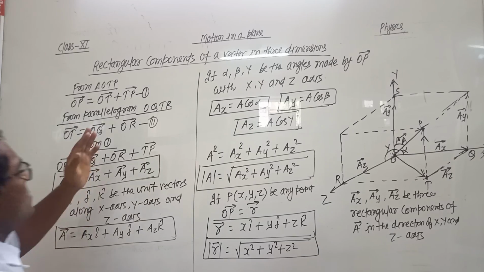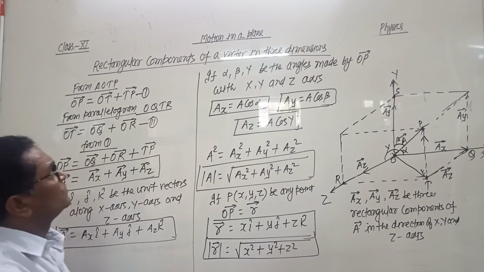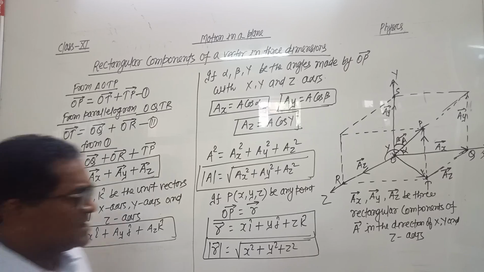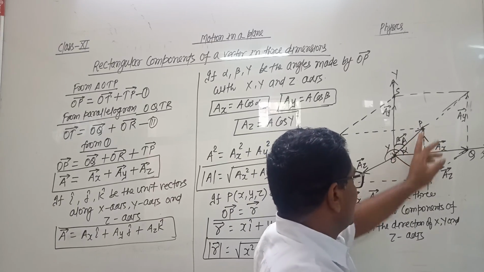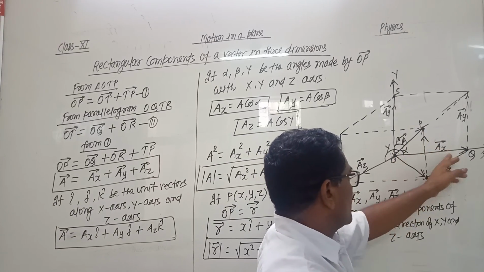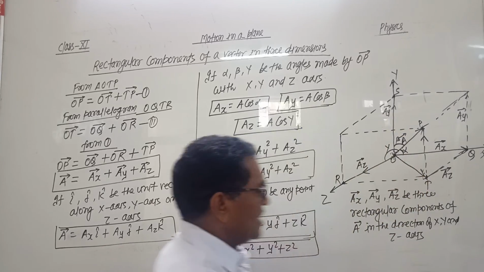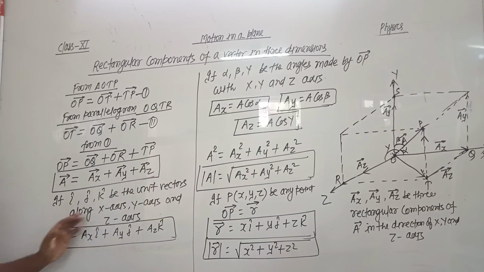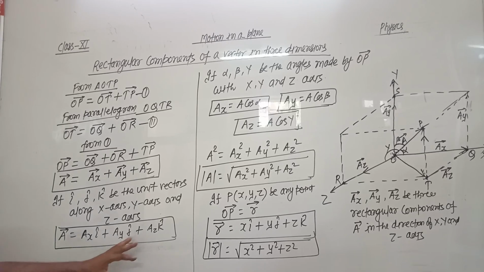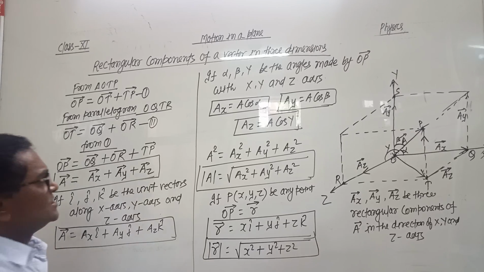So this is about the rectangular components of a vector in 3 dimensions. Vector A can be written in rectangular components AX, AY, AZ, and if i cap, j cap, k cap are the unit vectors along the X axis, Y axis and Z axis, then vector A is represented by AX i cap plus AY j cap plus AZ k cap. For finding its magnitude, we use the formula square root of AX square plus AY square plus AZ square.